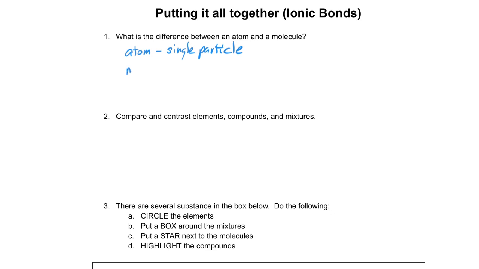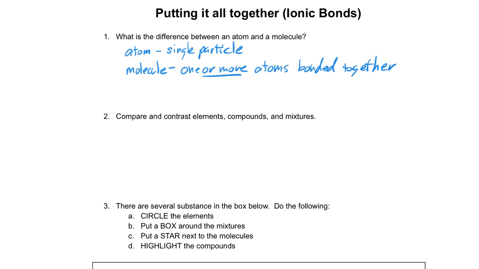A molecule is one or more atoms bonded together. So they're basically the same, except a molecule has to be made up of more than one atom that's bonded together. Okay, that's not too bad. Let's look at the next one.